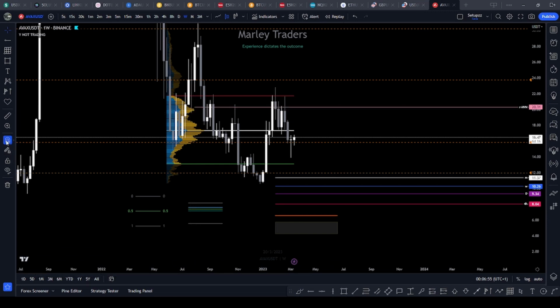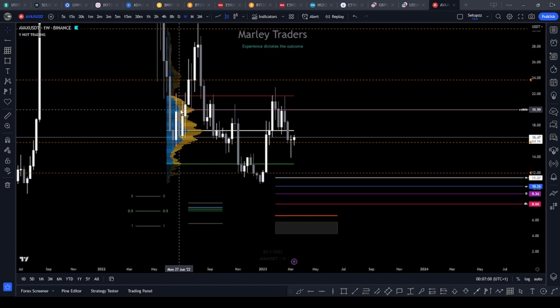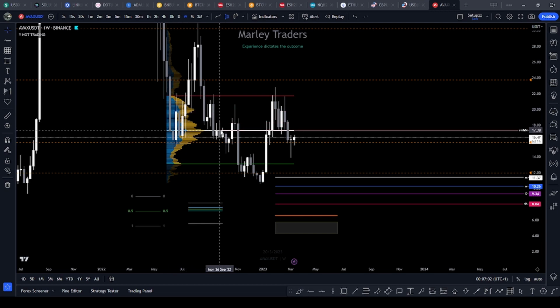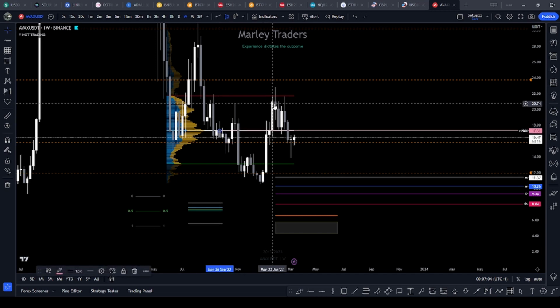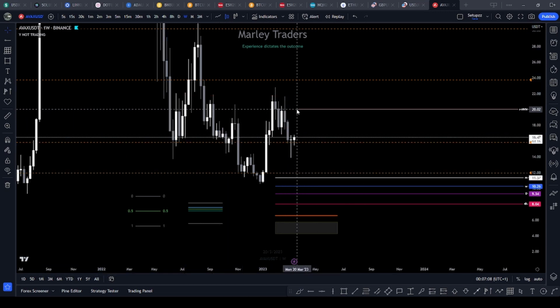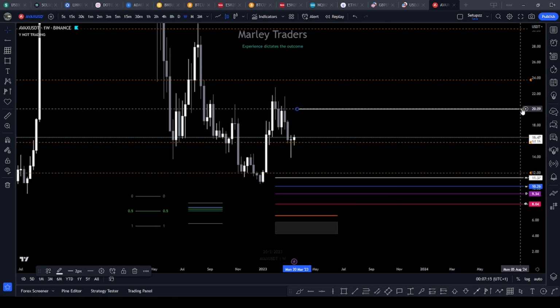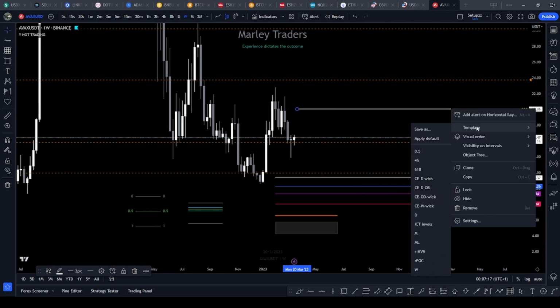So these are the high volume nodes, and this is the POC. If I was using that tool, I use it for backtesting sometimes, so that is why I still have the template. If it is a range POC, it becomes like that. So anything you choose, just come to it. So, 618 fib levels.